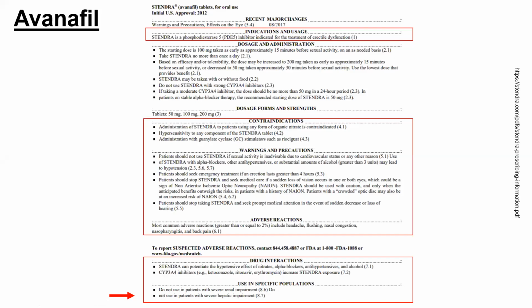That's why I have an arrow there. In the previous sildenafil, they recommend that you start with the lower dose in certain situations. Here, if anyone has a severe renal impairment or a hepatic impairment, they don't recommend you prescribe this drug in those situations. So that's pretty much our discussion on PDE5 inhibitors, and tadalafil we will talk about when we come down to benign prostatic hyperplasia.